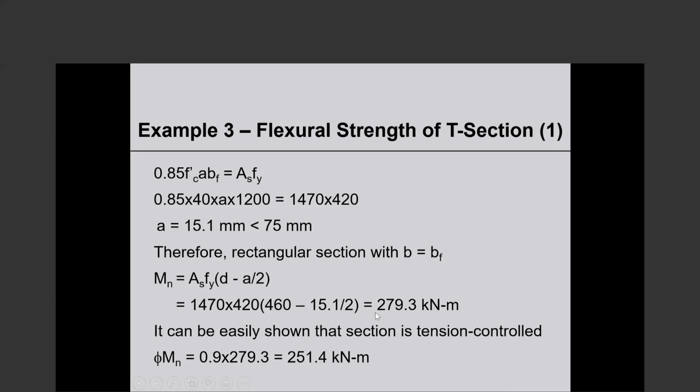That comes to 279.3 kilonewton meters. It can be easily shown that the section is tension controlled, which makes the design moment strength 90% of the 279.3, and that's 251.4 kilonewton meters.